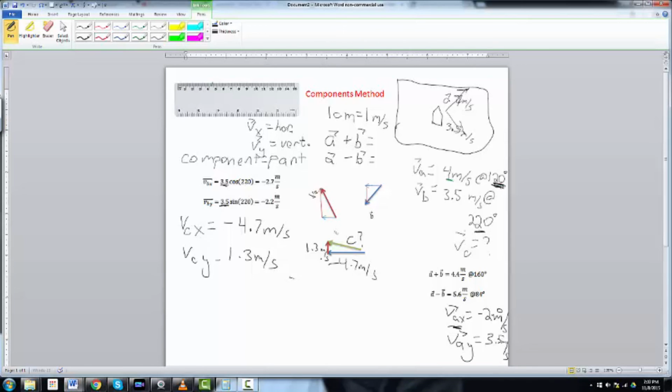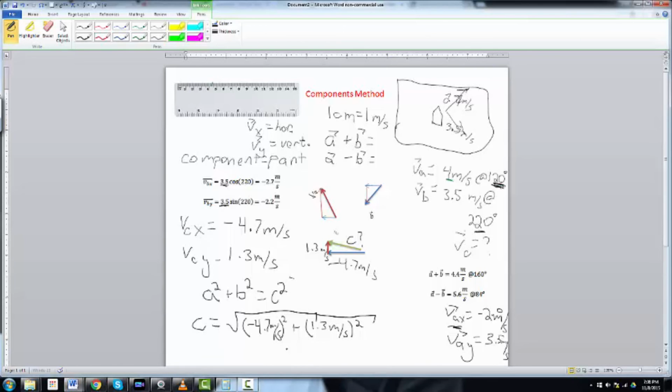If I know A and B, oh, this reminds me of my good pal Pythagoras from back in the days. We're going to use the Pythagorean Theorem to find what C is. So C is equal to the square root of my A, negative 4.7 meters per second squared, added to 1.3 meters per second squared.